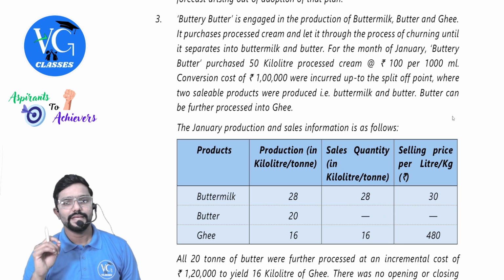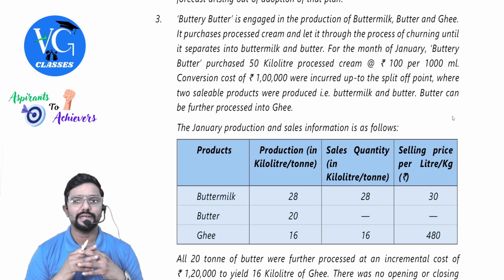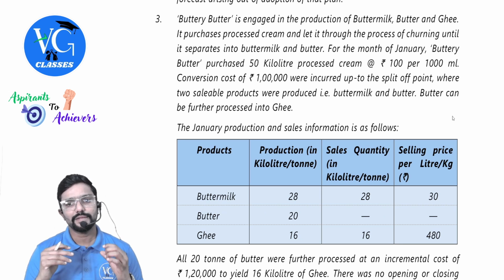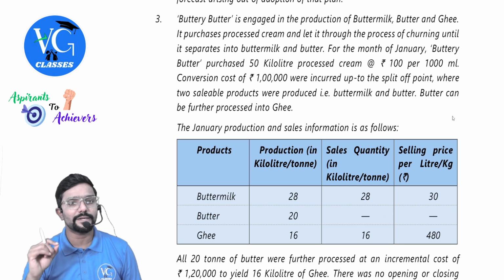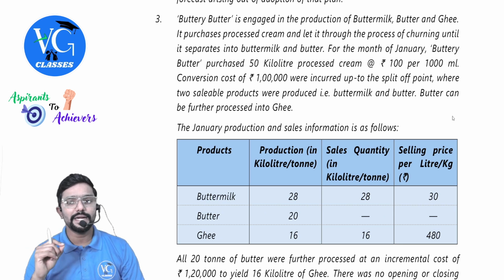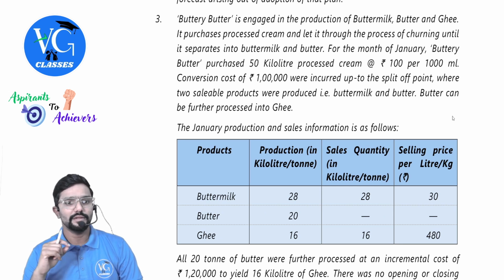Buttery Butter is engaged in the production of buttermilk, butter and ghee. It purchases processed cream and lets it go through the process of churning until it separates into buttermilk and butter. For the month of January, Buttery Butter purchased 50 kiloliters of processed cream at 100 per 1000 ml.